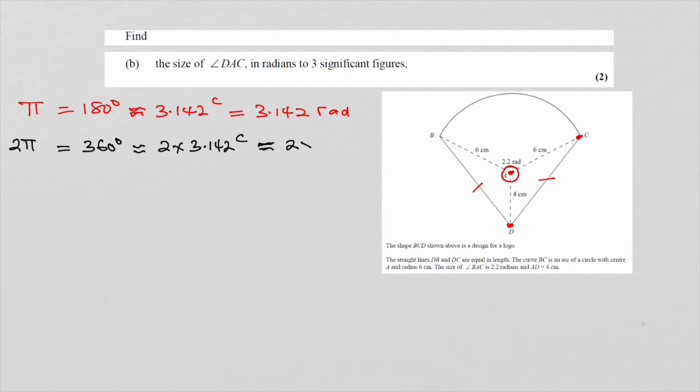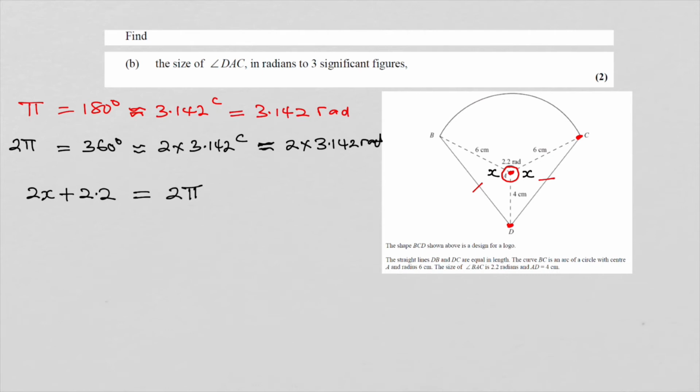Now, to find the angle itself, if we call this angle here x, and this one too will be x, then the total angle of a circle is 2x plus 2.2 equals 2 pi.